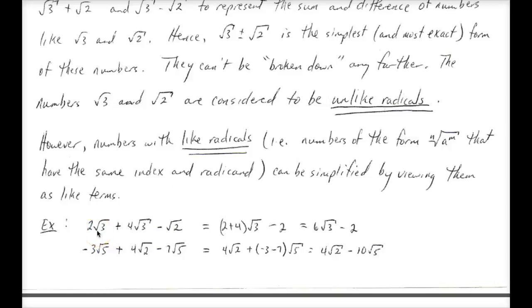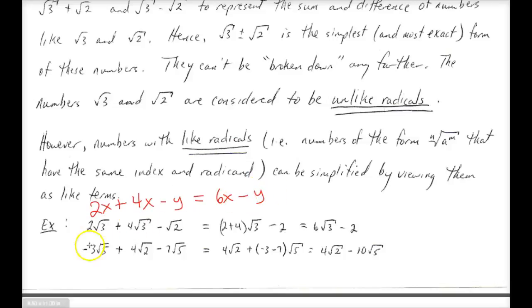The 2 times square root of 3 and the 4 times square root of 3 are what we call like radicals because they both have square root of 3 in them. We're treating it the same way as if this said 2 times x plus 4 times x minus y. If we were dealing with polynomials, we would say that this is 6x minus y.